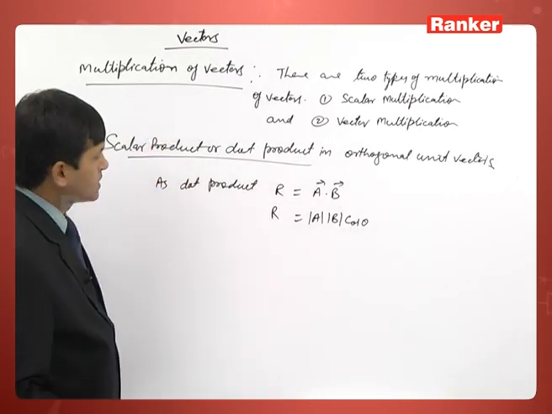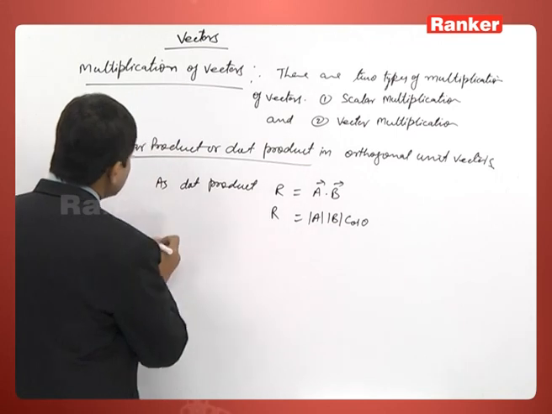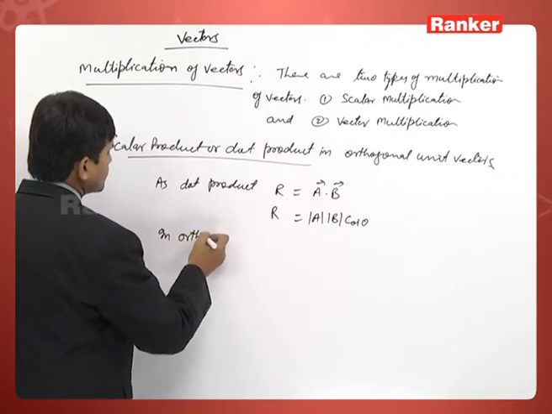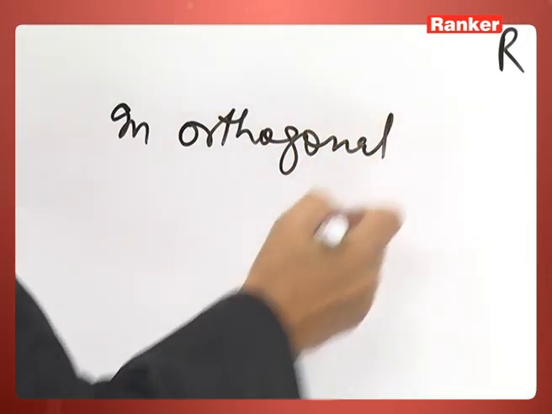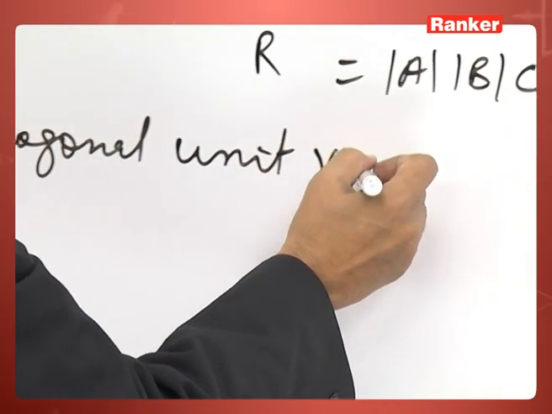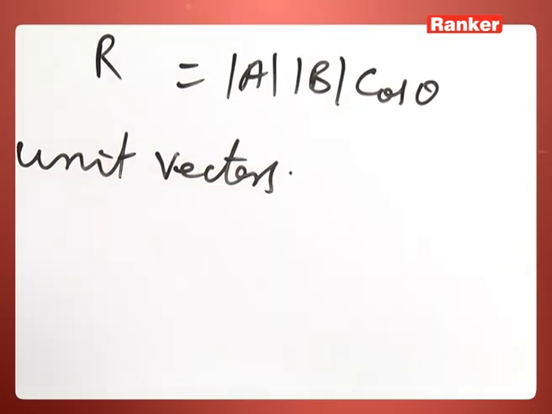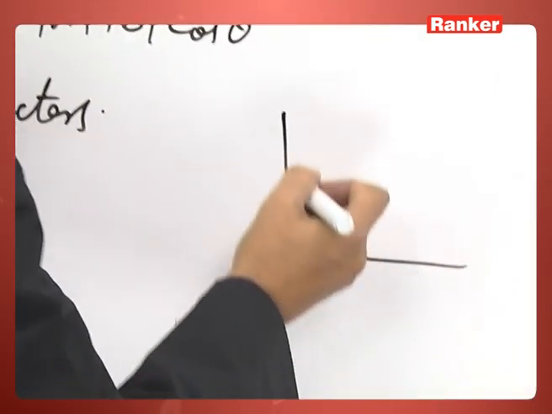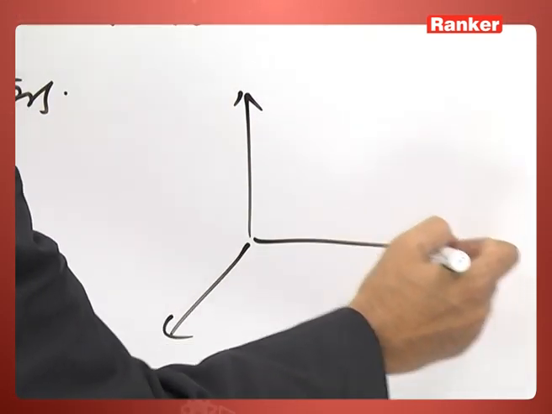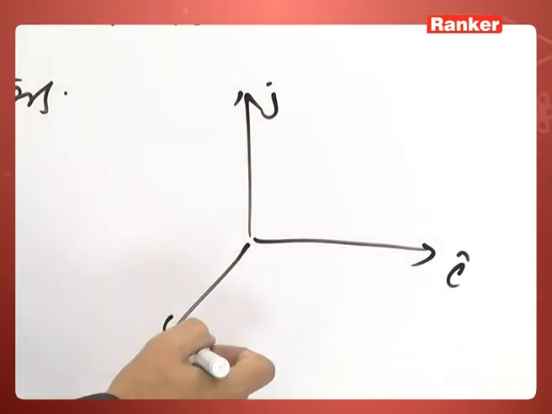In orthogonal unit vectors, i, j and k are mutually perpendicular.